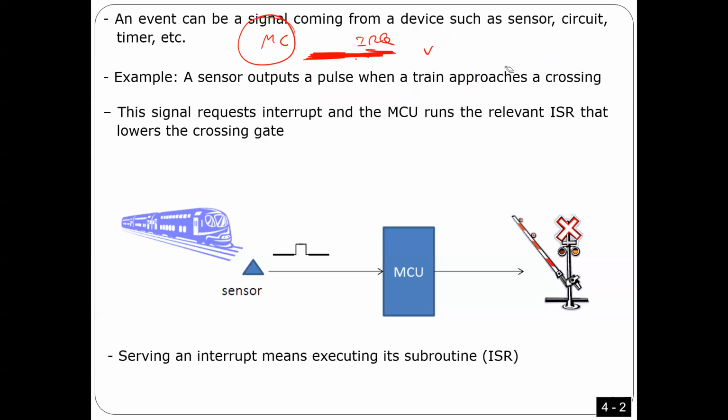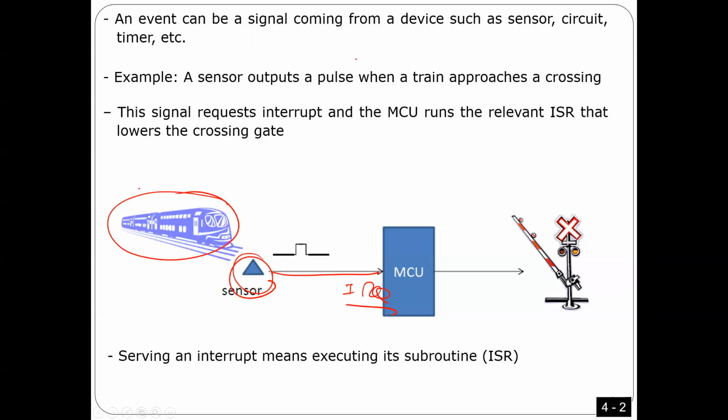Here is an example to understand it better. Suppose you have a train and a sensor. This sensor is connected to IRQ, so every time the train is coming, the sensor generates a signal like this one on the external pin.